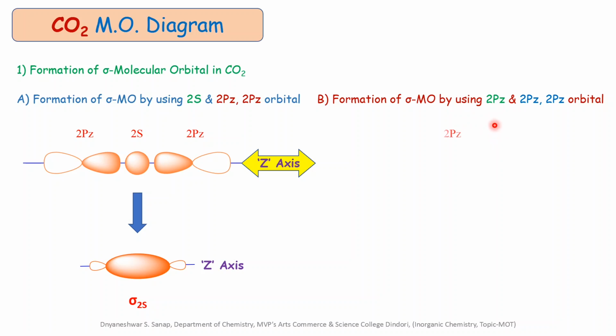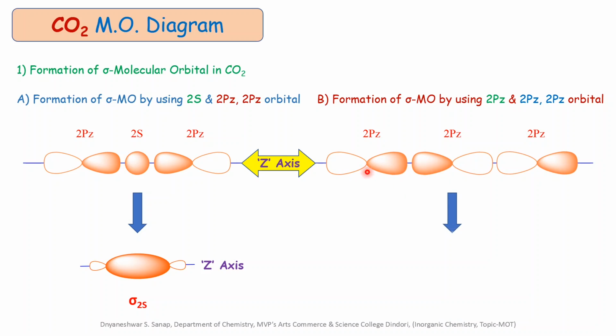When the 2pz atomic orbital of the carbon atom is combined with the 2pz atomic orbital of both oxygen atoms along the z-axis, the pictorial representation is like this. When these two wave functions of the same sign combine together, it results in the formation of a bonding molecular orbital. Similarly, on the other side, the same wave functions combine, resulting in a bonding molecular orbital.